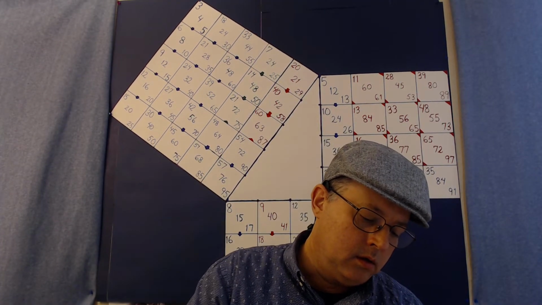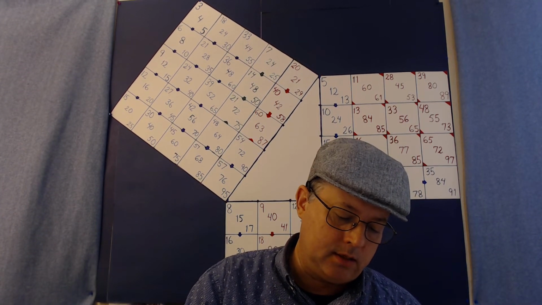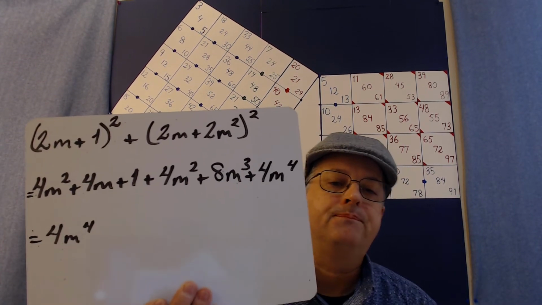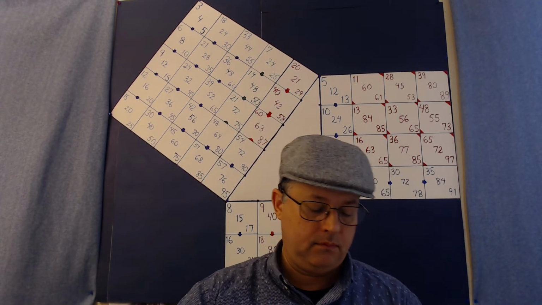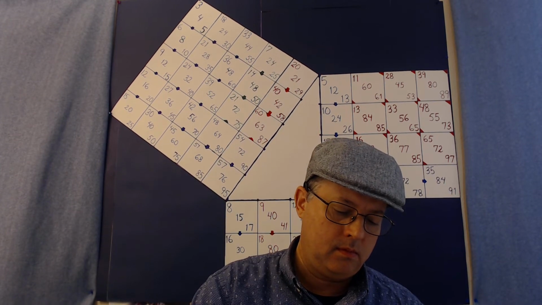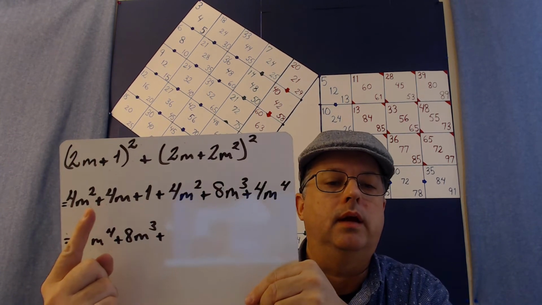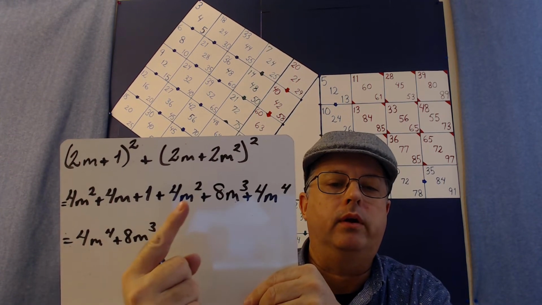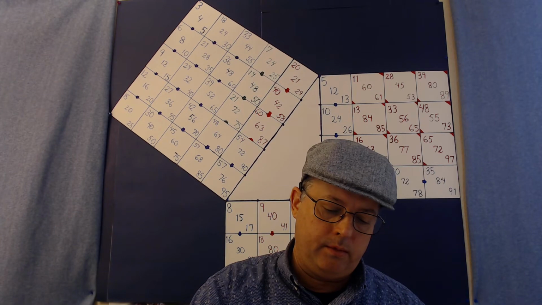Let's put an equals there. Okay, so let's write the highest exponent first, 4m to the fourth. And then next will come 8m to the third. And then next will come m squared. So we have a 4m squared and 4m squared again. So that's 8m squared.